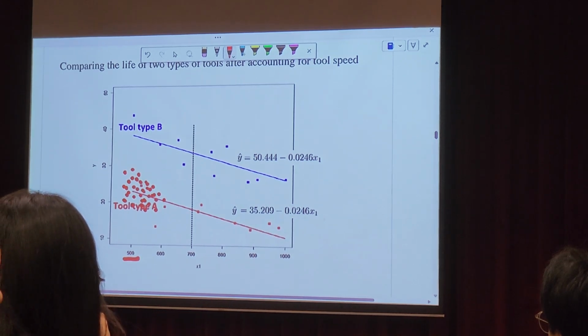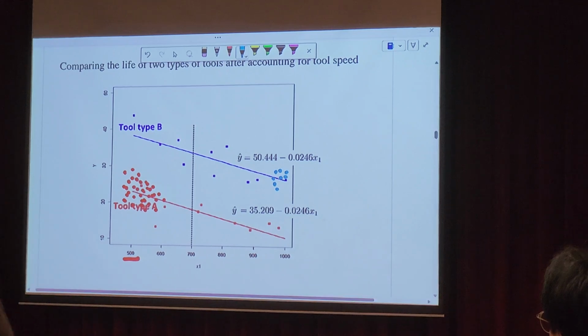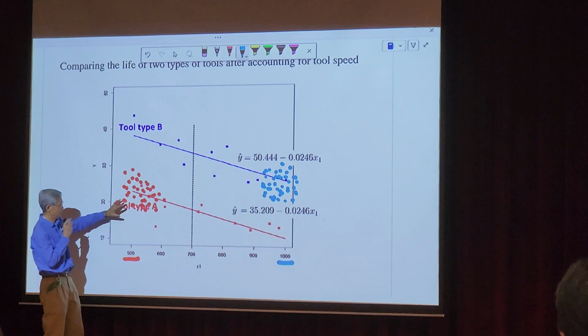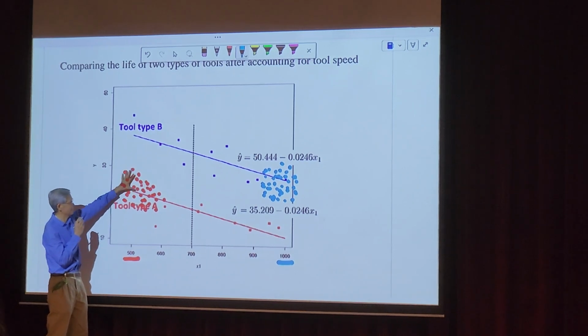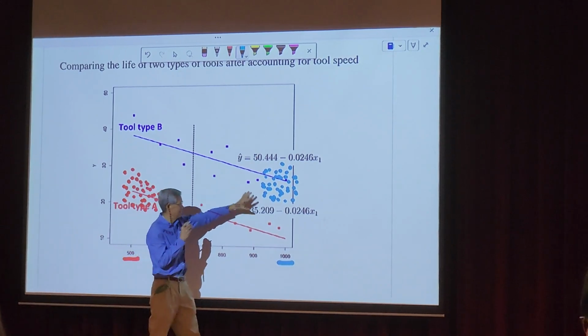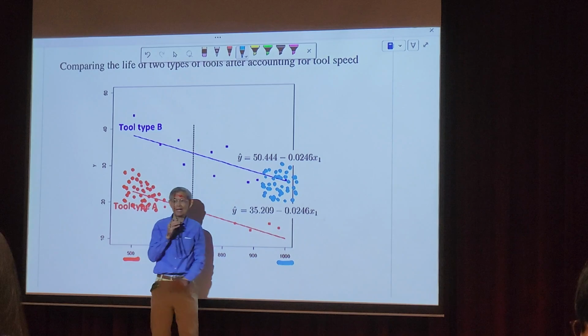And at the same time, for the two type B, I collected many here. I did it for a high speed. So that's my data now. Here's my data. For low speed, two type A, I test a lot of them at low speed. Two type B, I test a lot of them at high speed.